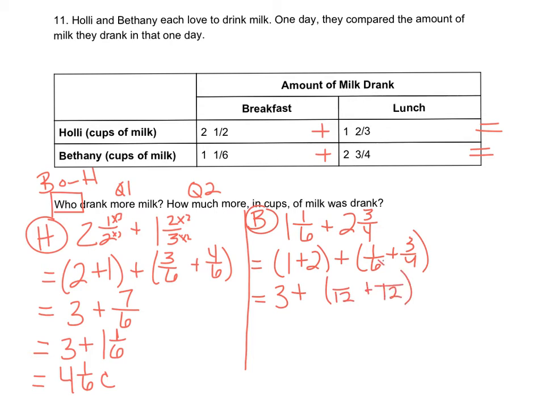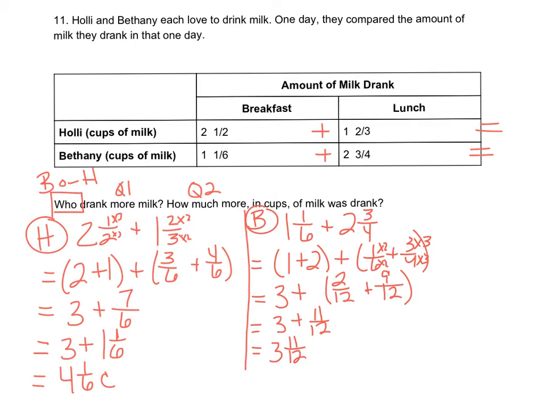So 6 times 2, and what I do in the denominator, I do in the numerator. 1 times 2 is 2. 4 times 3, what I do in the denominator, I do in the numerator. So 3 times 3 is 9. So 3 plus 2 plus 9 is 11, which is equal to 3 and 11 twelfths.